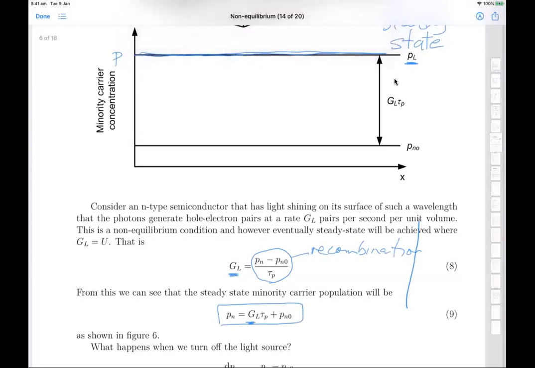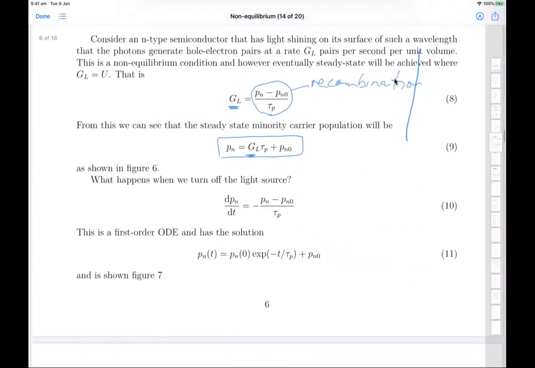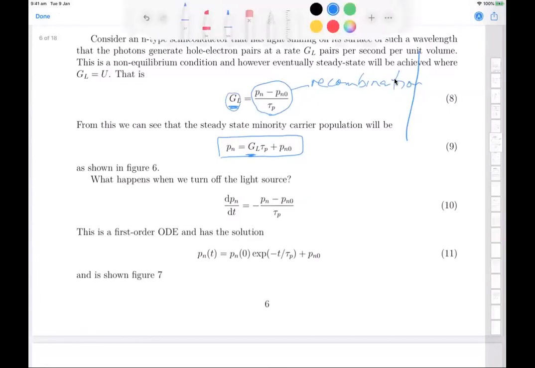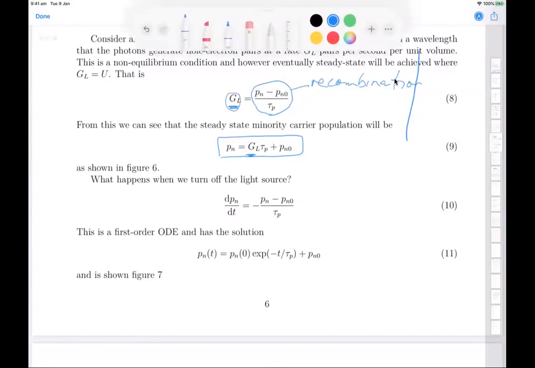So the next question is, what happens when we turn the light off? We've had an excess of free carriers, and we turn the light off. Now the generation rate goes to 0. And so we will find that there will be a change in the population.